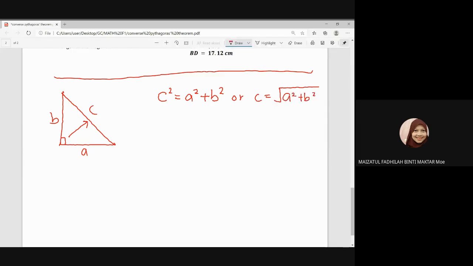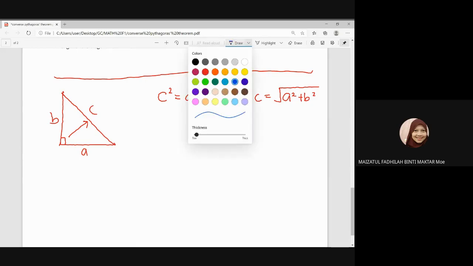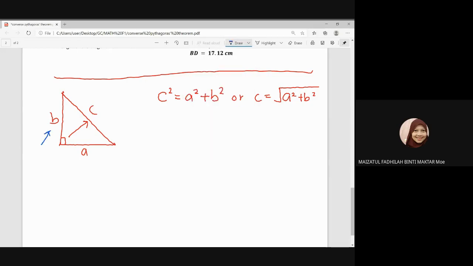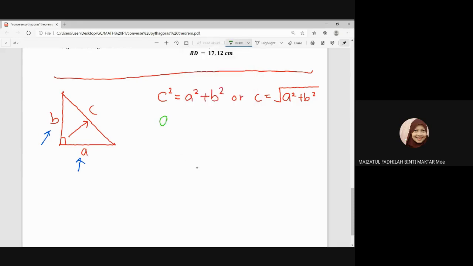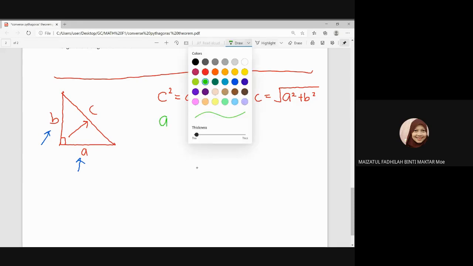What if you need to find the value of A? This one, many of you put at the wrong place. If you want to find either this leg or this side, the formula will become like this.